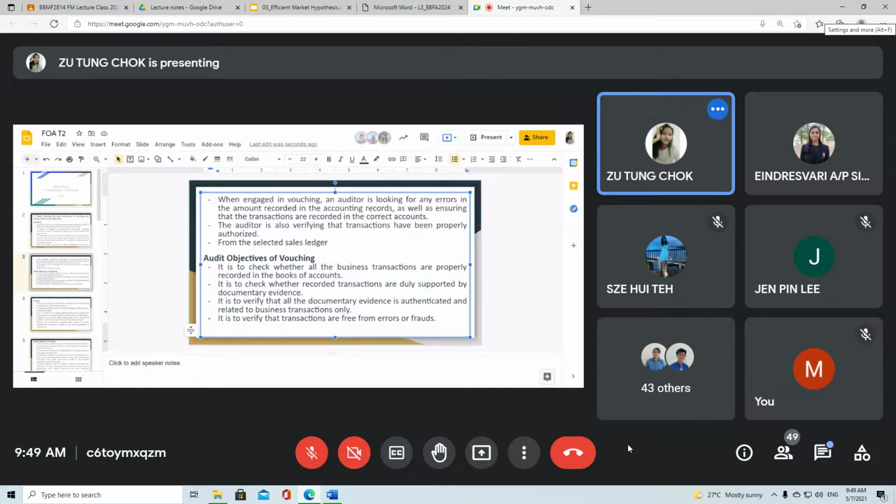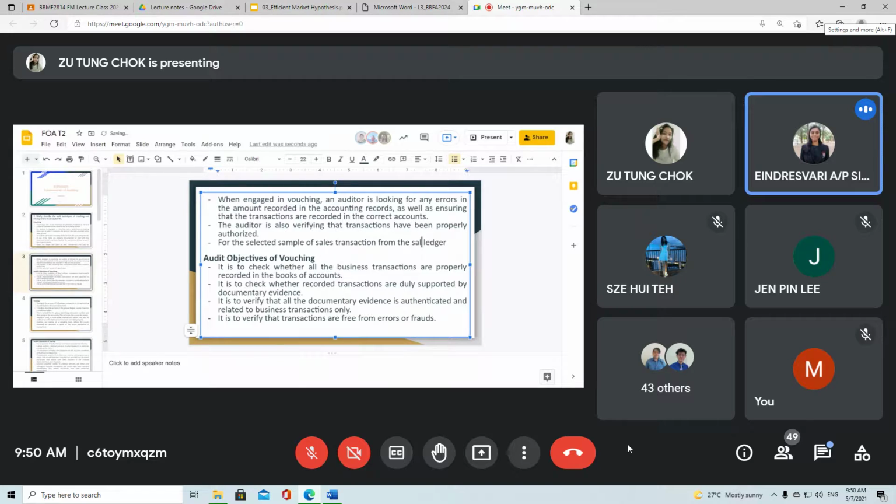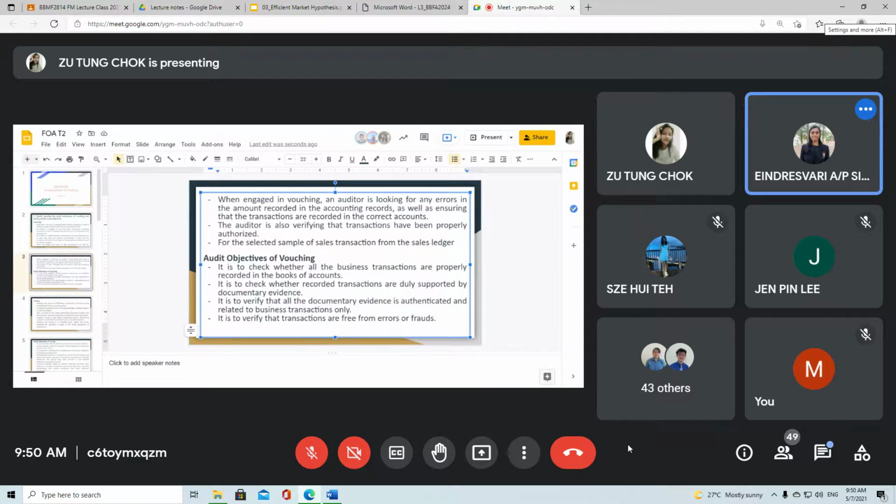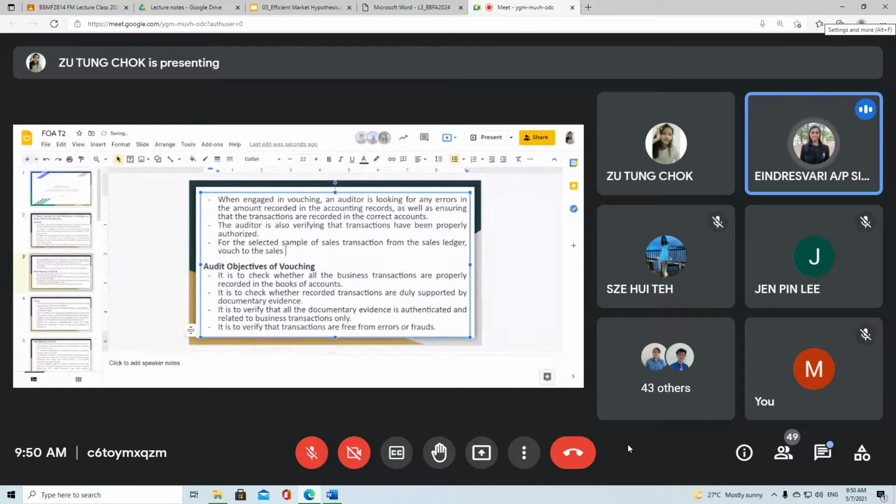Please, can you repeat again? From the selected sample of sales transaction from the sales ledger, comma, vouch to the sales invoice and goods delivery note to ensure the transaction had taken place.